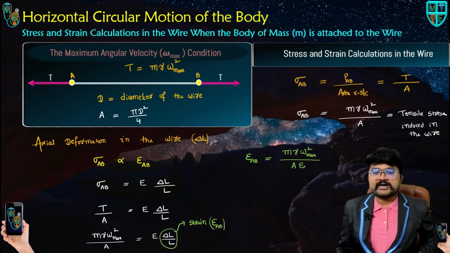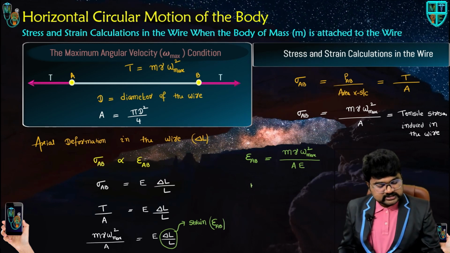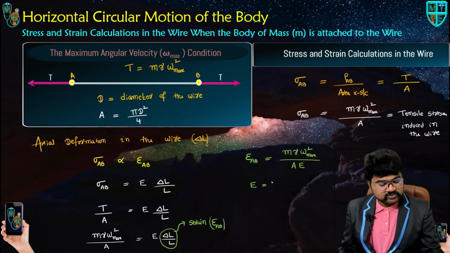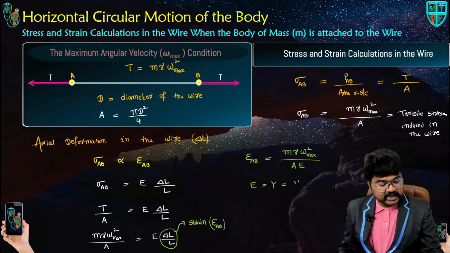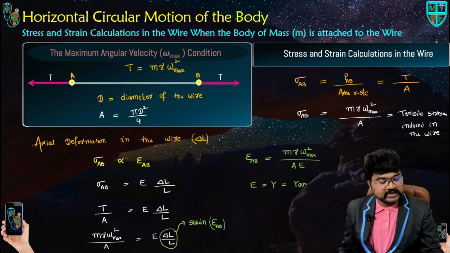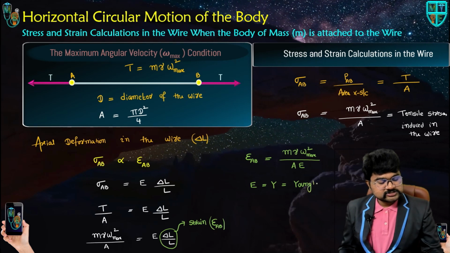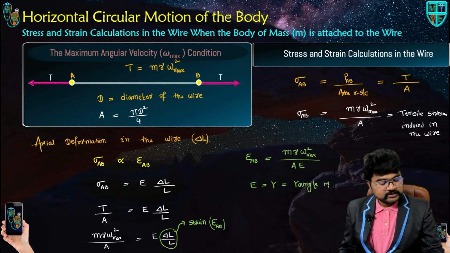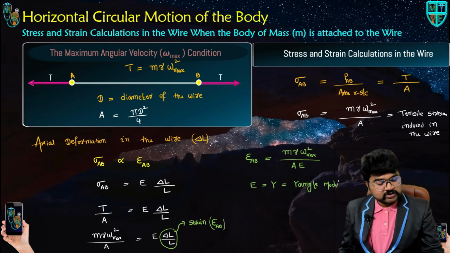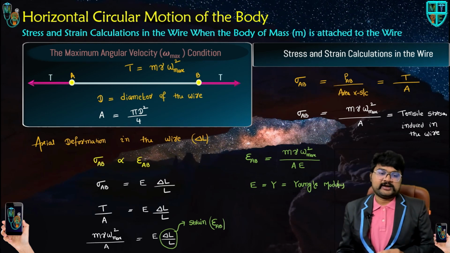You can write E as Y also. This is the Young's modulus of the material. Understood?